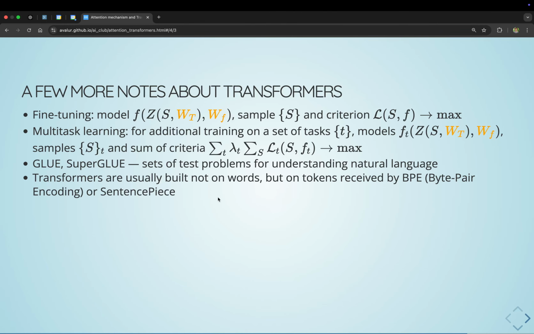And yeah, in this lecture I often say tokens instead of words, and this is true. Usually we perform training on tokens received by either byte pair encoding or the sentence piece algorithm. It is not very hard, but the main goal is to have a good enough vocabulary.